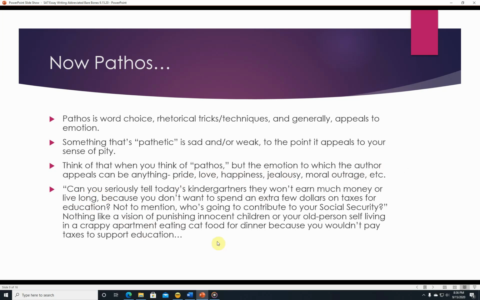Can you seriously tell today's kindergartners that they won't earn much money or live long because you don't want to spend an extra few dollars on taxes for education? Not to mention who's going to contribute to your Social Security.